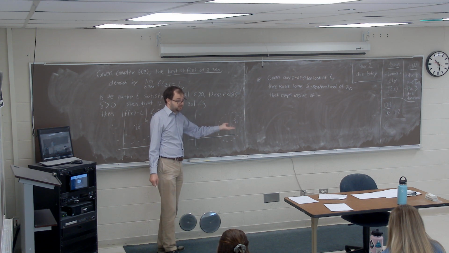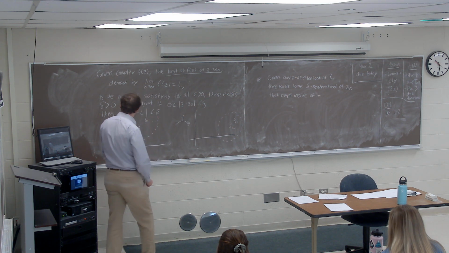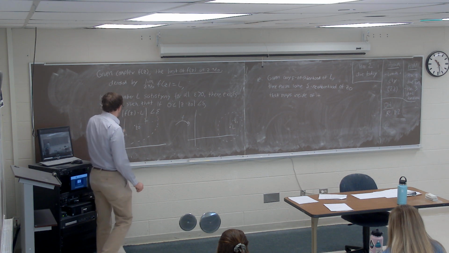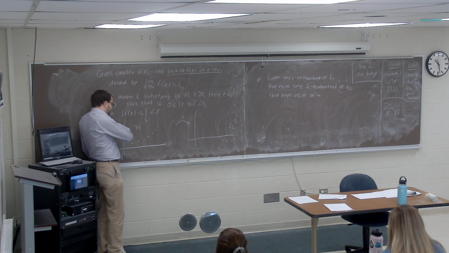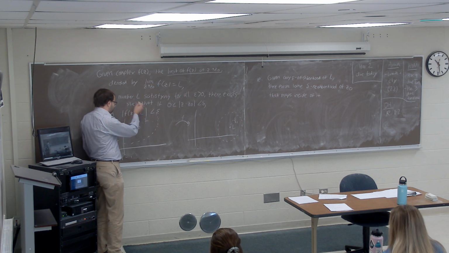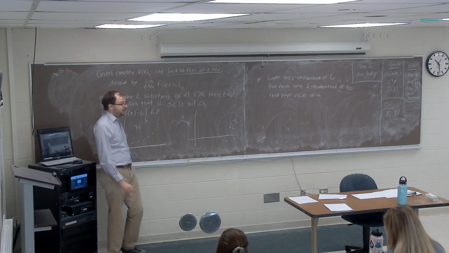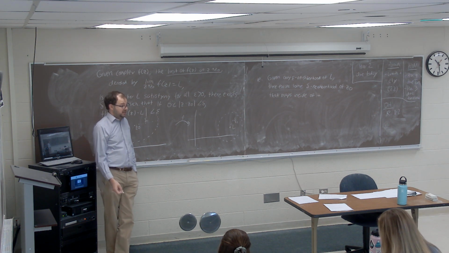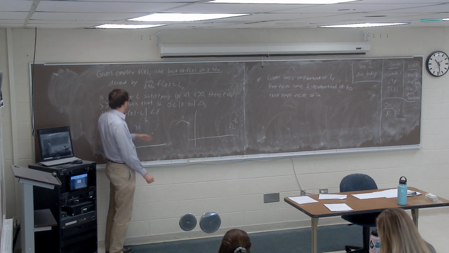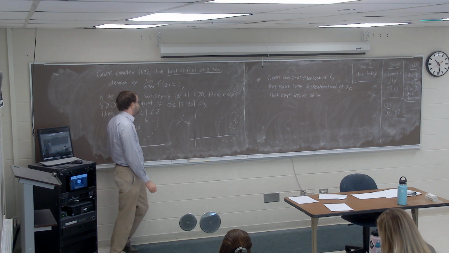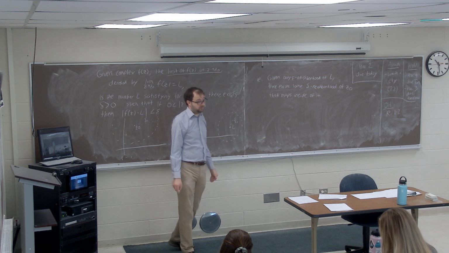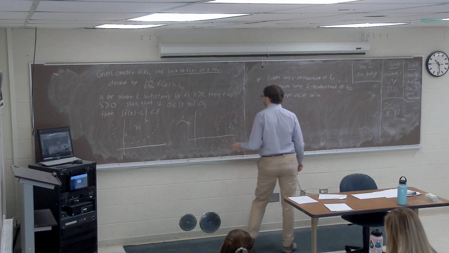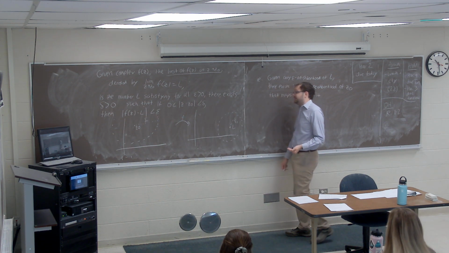But the key difference is that we have to go back to the original domain where z naught is located and draw another disk centered at z naught. That'll be our delta neighborhood, our delta disk, so that all the points in our delta disk have to map to within our epsilon disk over here in order for the limit as z approaches z naught of our function to be equal to L.